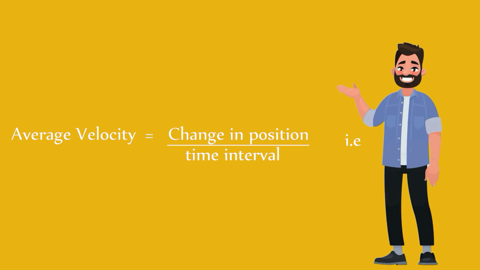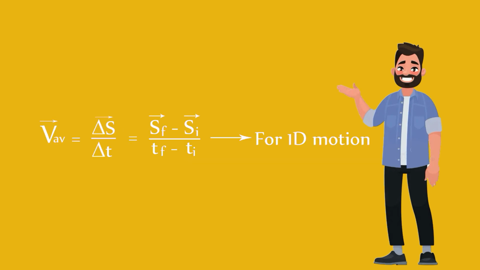Or in symbol, V_av is equal to change in S over change in T, which is equal to S final minus S initial over T final minus T initial, where S_f is the final position at final time T_f and S_i is the initial position at time T_i.